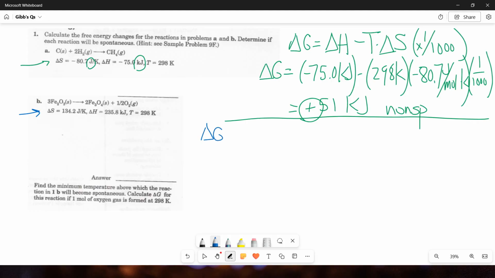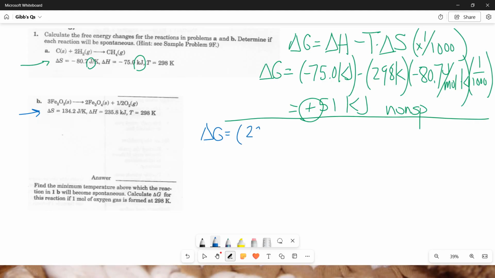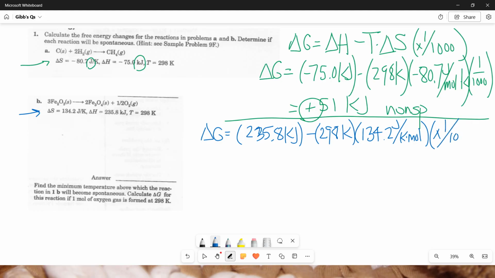So the delta G of this problem is going to equal 235.8 kilojoules, minus the temperature, and it's 298 K, times the entropy, which is 134.2, and that's in joules per mole K. So that's why we need the multiply by 1 over 1,000 here to get the units to change.